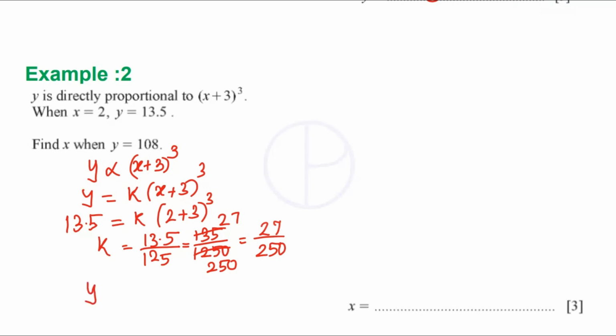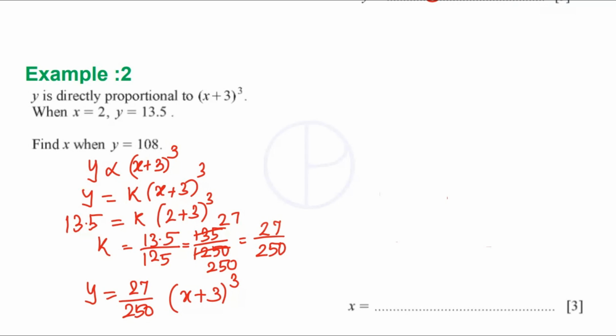So the equation will be y is equal to 27 divided by 250 multiplied by (x plus 3) the whole cube. Okay. So the question is find x when y is equal to 108.